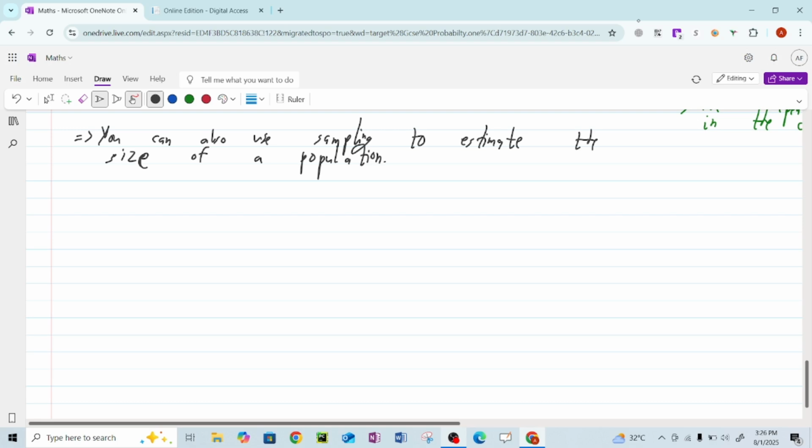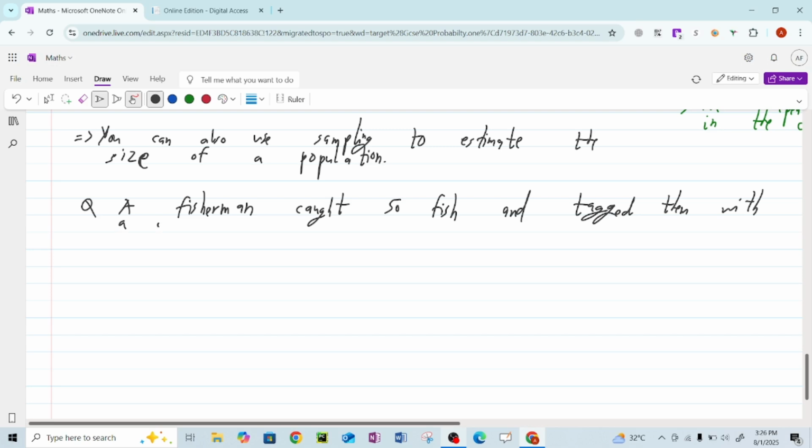Now let's say, for example, I have a question here. A fisherman caught 50 fish and tagged them all with, let's say, a yellow tag.